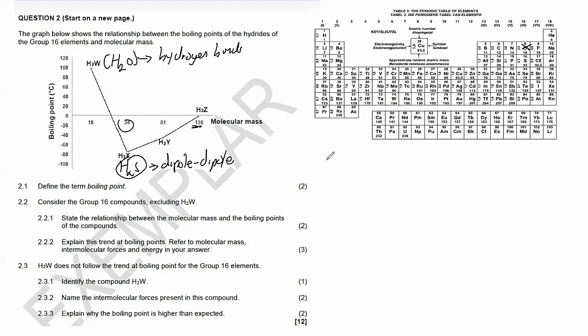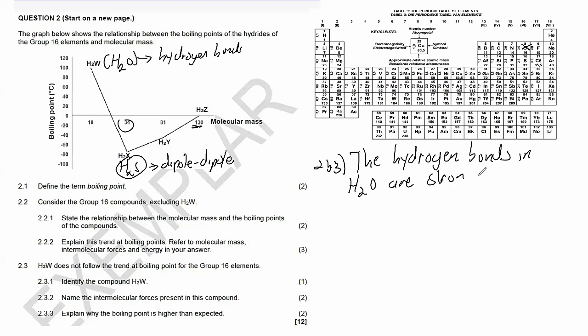This is how we will explain it. We will say the hydrogen bonds in H2O are stronger than the dipole-dipole forces in the rest of those compounds.